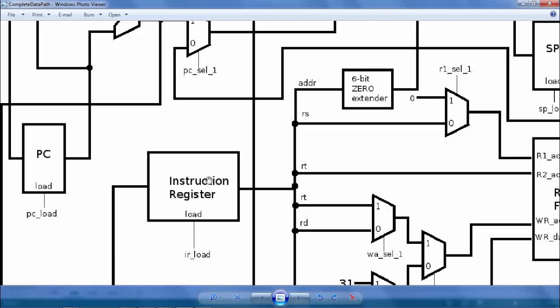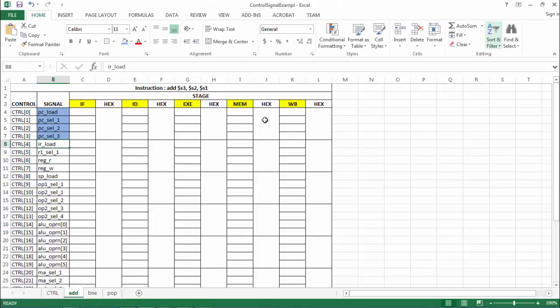If you need to understand more on this part, please contact me, or come to my office hour, then we can discuss more about why we are just assuming this is a latch versus this one is a flip-flop. But let's assume this is a latch, and we have a control to load that latch, IR load, which is pretty much independent from a grouping perspective.